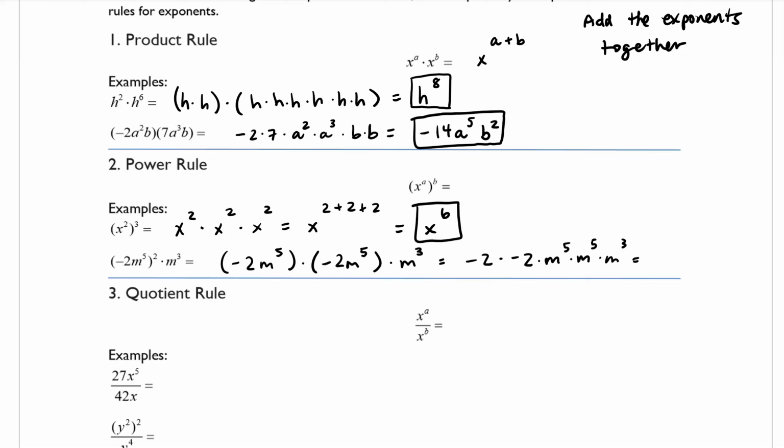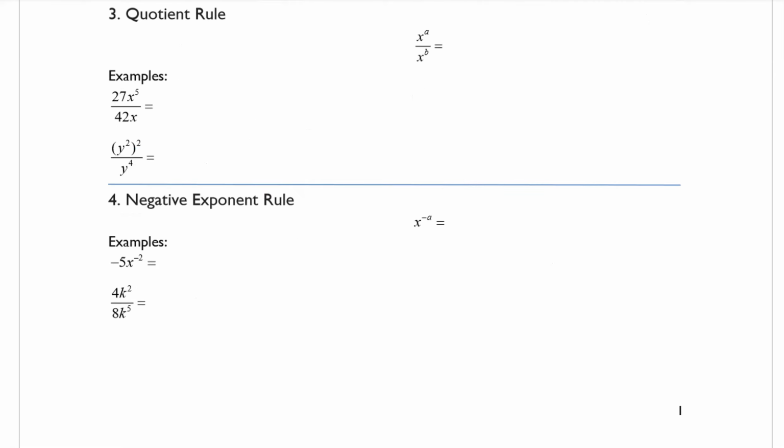Now, if I were to simplify that, negative 2 times negative 2 is 4. And then here we would just add all of the exponents together using the product rule. And so we'd get m to the 13th power. Like that.